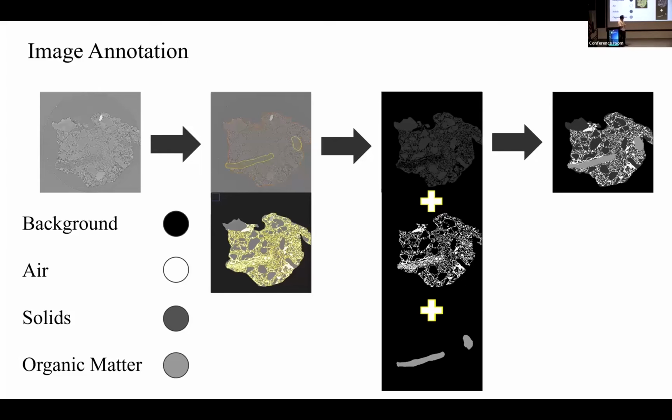One thing to notice is that this particulate organic matter shows up both as a solid and pores, right? And that's where the strength of this method lies, is that we can go through and say, actually what looks like solids and pores is organic matter. And so then we generate this mask right here. And this mask corresponds to this image, a reasonable representation of that image.